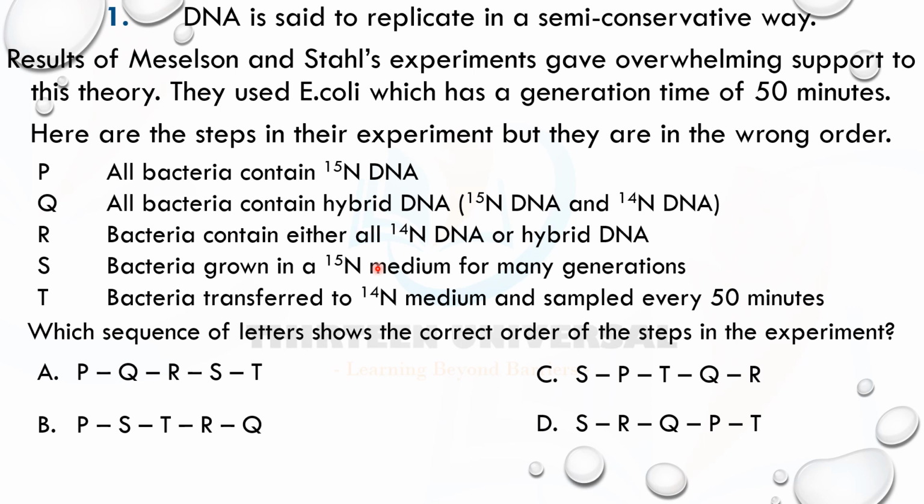So that means that if you grow bacteria in a medium that has N15, after several generations, the DNA strands would have been made with N15. Do you get it? Because the nucleotides used to make them will be N15, so all your DNA will be N15.